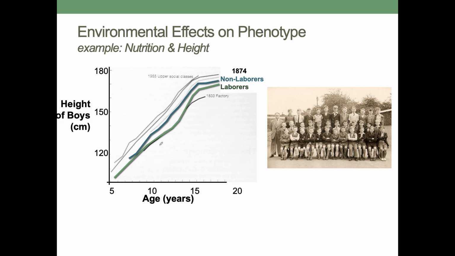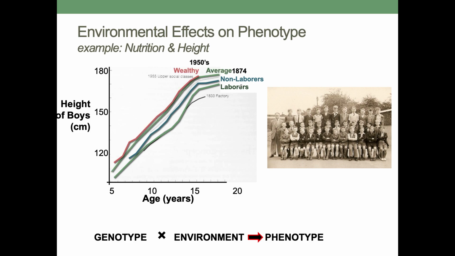However, if you follow both of the lines back, the non-laborers are taller than the laborers. The non-laborers are not under the same kind of stress. They're able to have increased nutrition compared to the laborers, and that influenced their height at young ages.